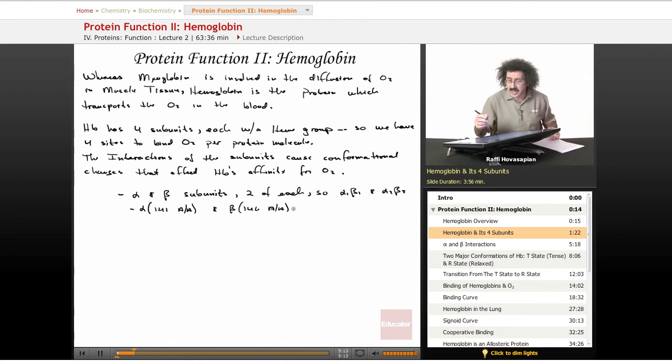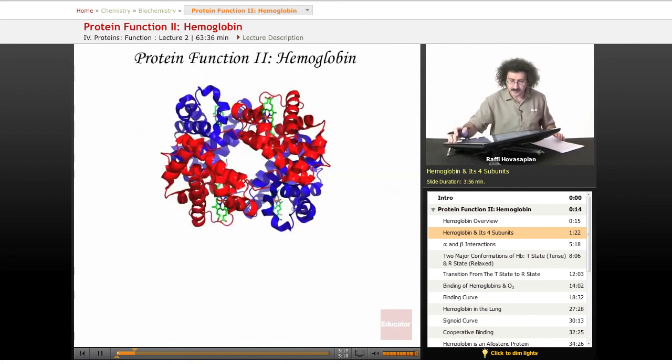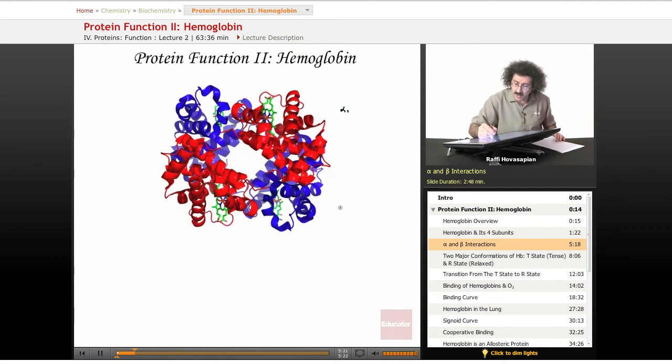Okay, let's go ahead and take a look at an image of hemoglobin here. So we have our alpha 1, beta 1, we have our alpha 2, and our beta 2. Here you can see you have your alpha 1, beta 1, that interaction, so it's one subunit, 2, this is the third, this is the fourth.